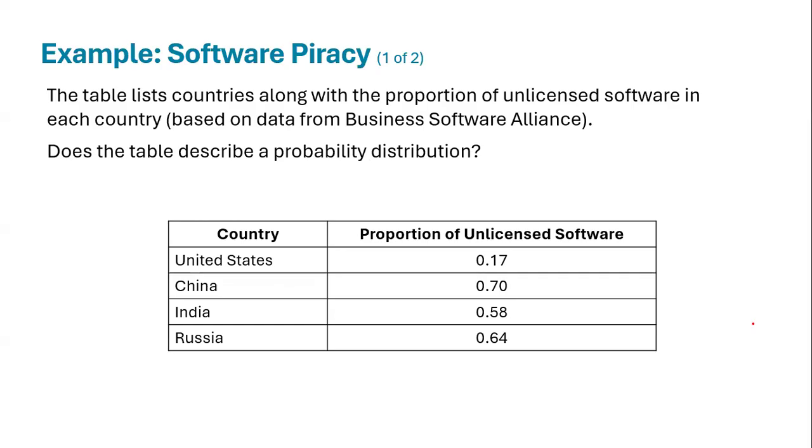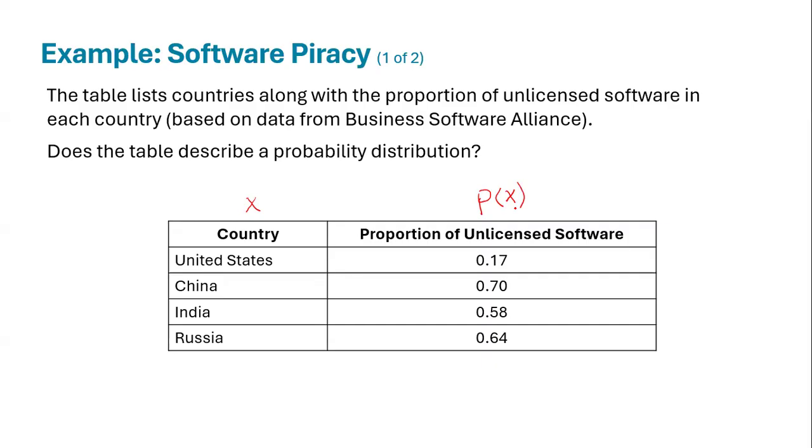And the random variable in this example is the name of the countries. These are the random variable x. And these are the probability or the proportion in each country. Are the random variables numbers? No. So as you see, it doesn't meet the first requirement because the random variables are not numbers.